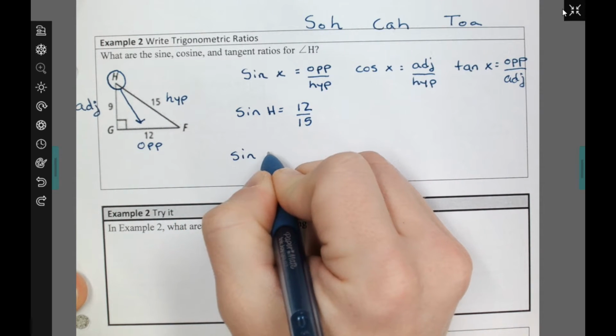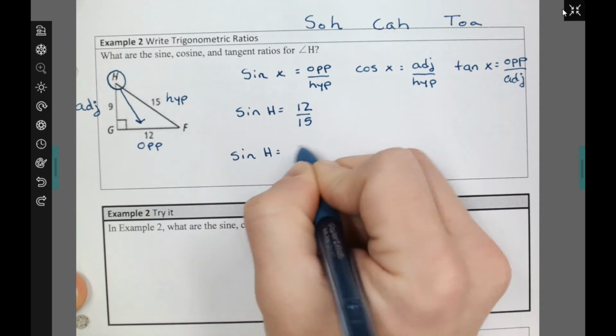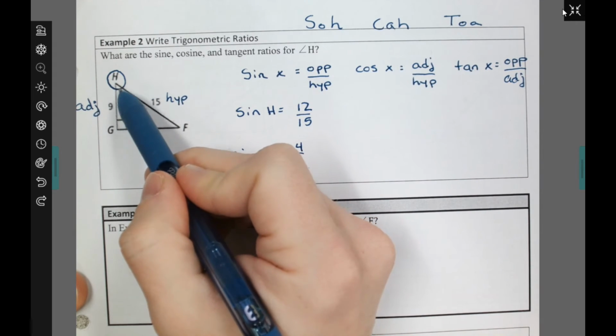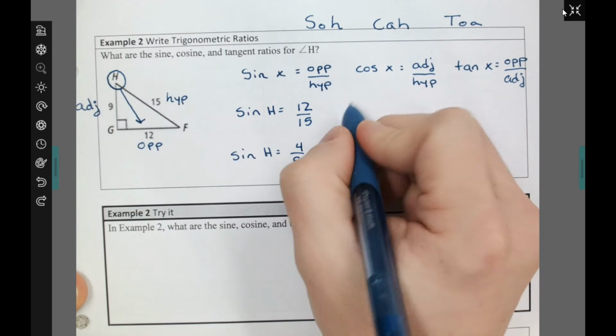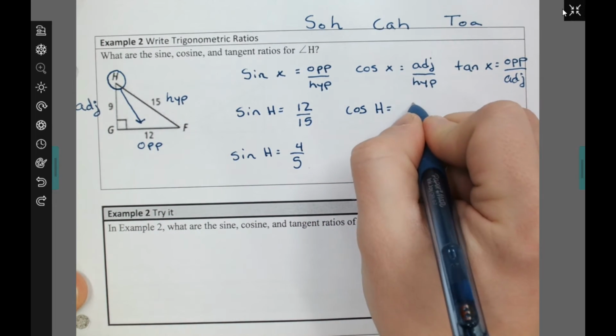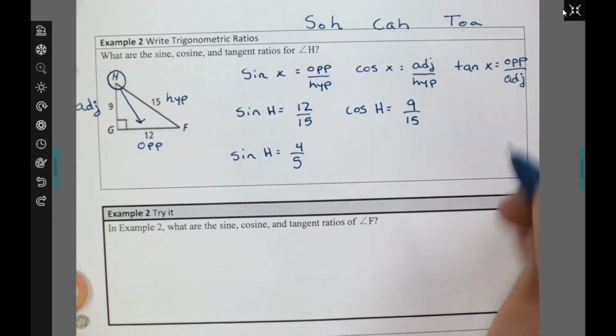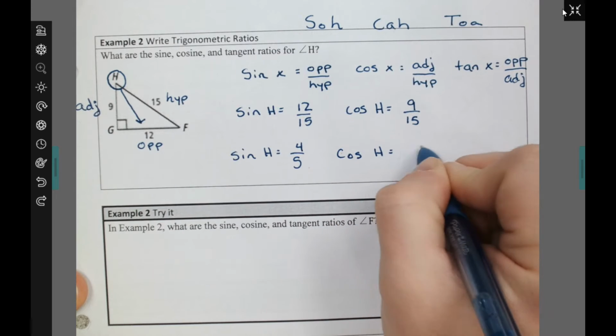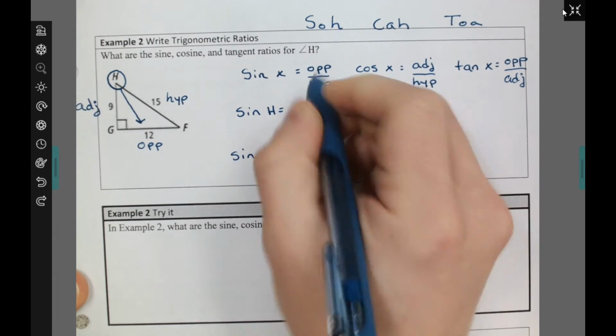Divide both top and bottom by 3 and get the sine of H equals 4/5. Cosine is adjacent over hypotenuse, so the cosine of H is 9 over 15. Again, simplify. Cosine H is equal to 3/5.